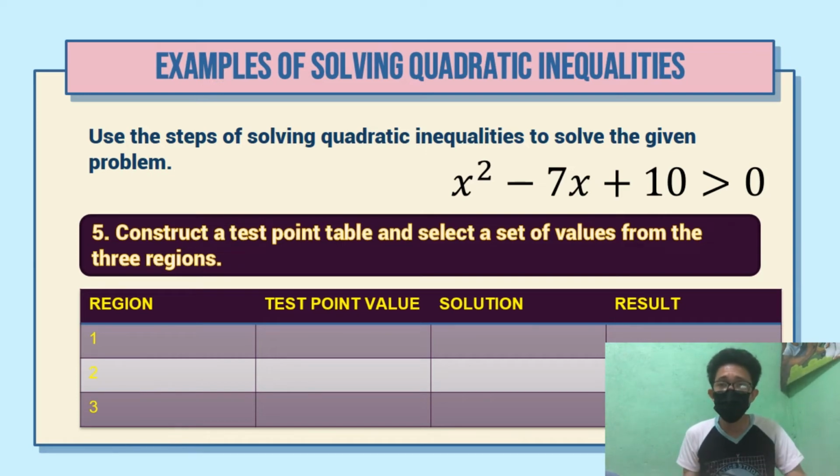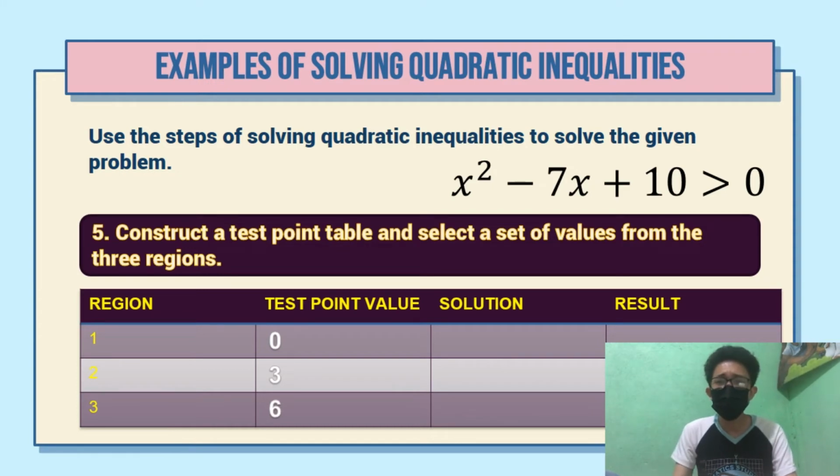For region 1, those numbers below 2, we get 0, so that later when we solve, it's not difficult if the value of x is 0. For region 2, numbers in between 2 and 5, we get 3. And for region 3, those numbers above 5, we get 6.